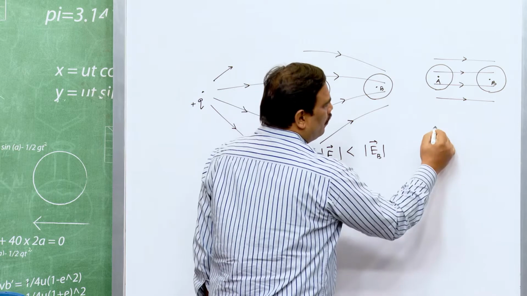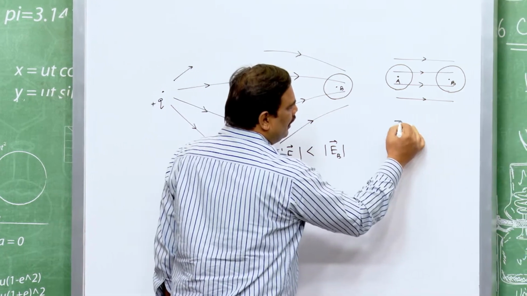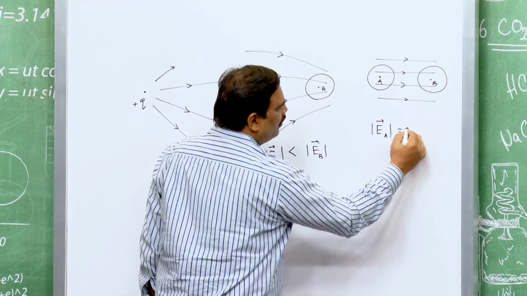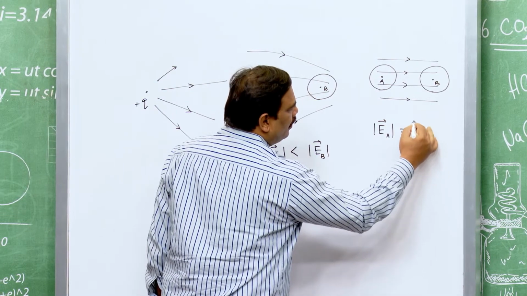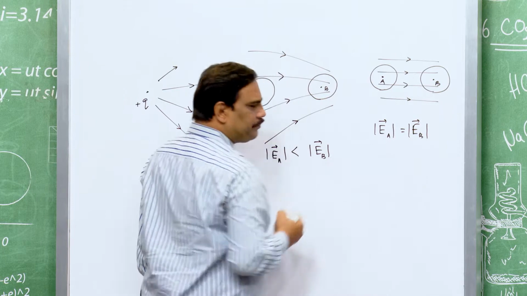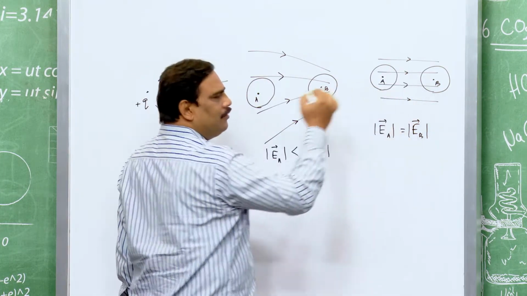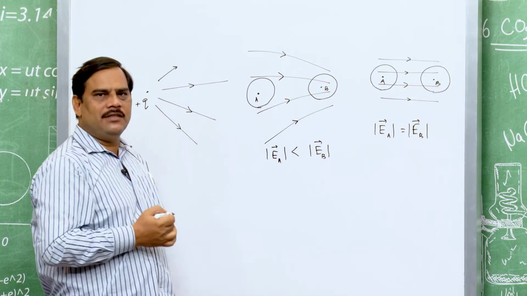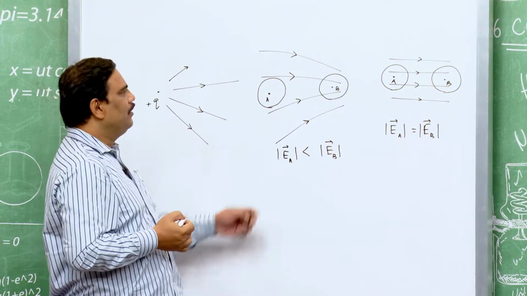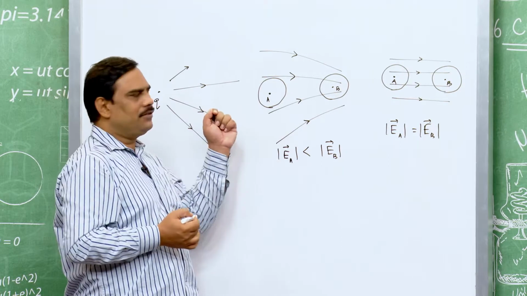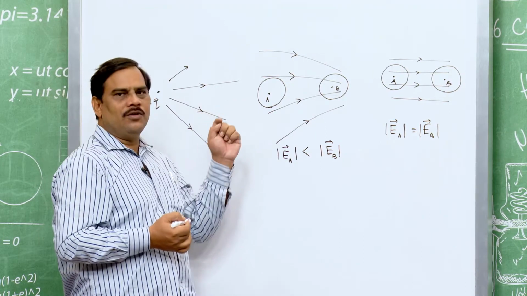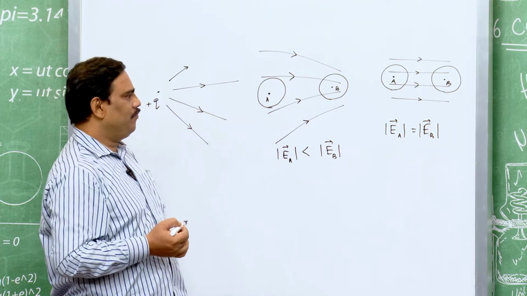So, the magnitude of electric field at A is equal to the magnitude of electric field at B. So, we can conclude here that parallel lines represent uniform electric field and non-parallel lines represent non-uniform electric field.